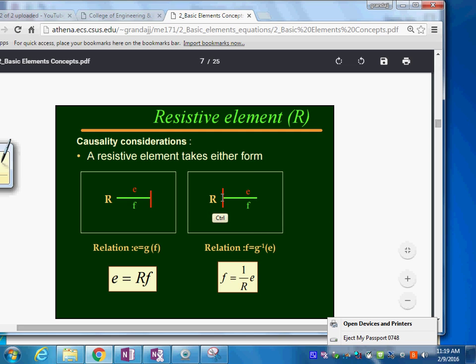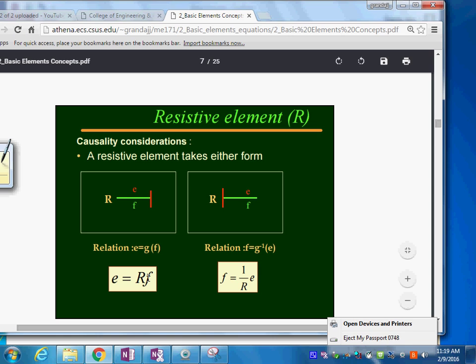So what we're seeing here is that the red line indicates the effort, and the green line indicates the flow. If you have it this way, the equation is different. In terms of the output, F is 1 over R times E. So my point is that depending on how we have it written, this way or this way, the equation of that element would have to be different.